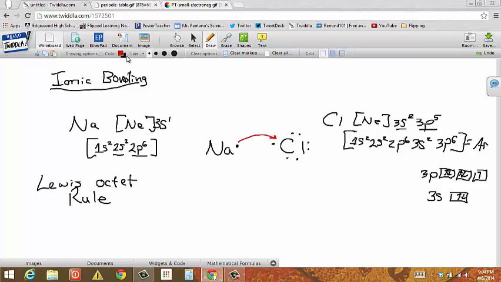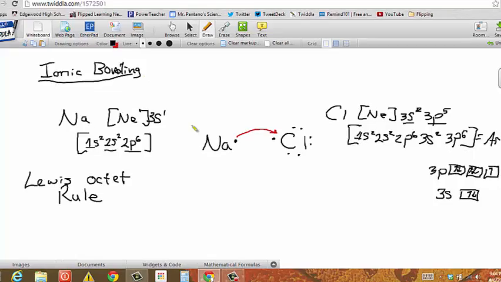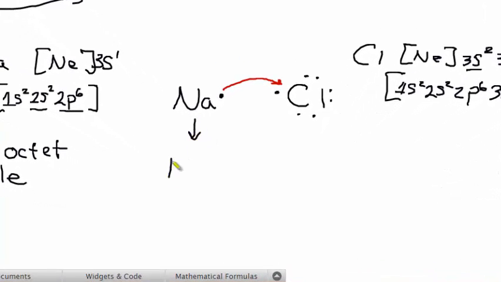In doing that, sodium becomes an ion, but now electronically stable. Chlorine becomes an ion, but also electronically stable with a minus charge. Because these two have opposite charges, they're going to attract each other to make sodium chloride. Sodium chloride, of course, we write as NaCl.